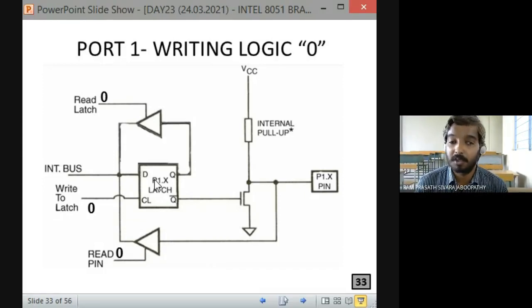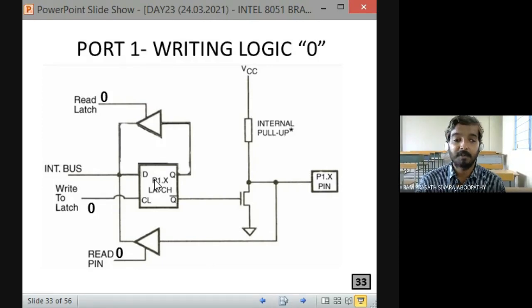We all know the working of a D flip flop, correct? Whatever data is available at D, when the clock is enabled, at that time the value available at pin D is going to be stored into the flip flop. Correct? Is it clear? Yes or no?